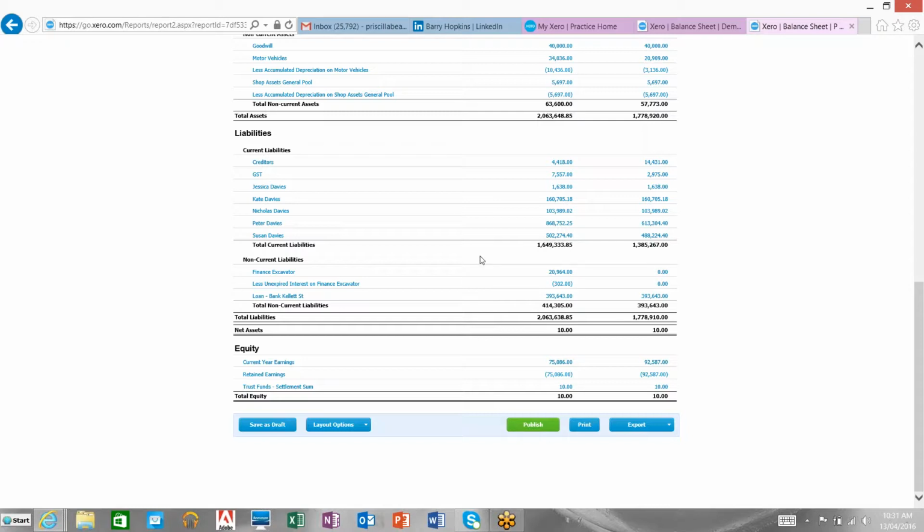And it is grouped current liabilities, non-current. So I'll talk to you about this. Current liabilities refer to items which can be transformed in cash, or they relate to this particular financial year.